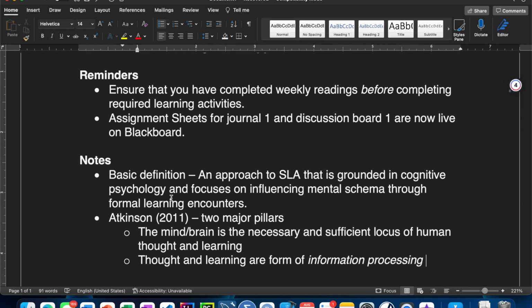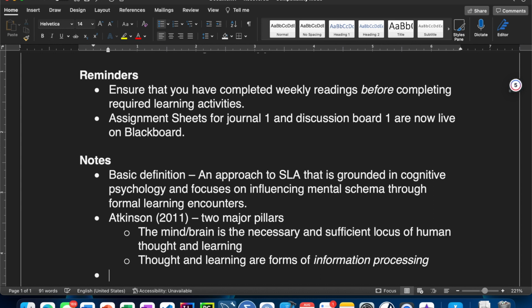Now, what happens during this information processing and how that's carried out will vary from theoretical approach to theoretical approach, but at its core, it's about encountering stimuli, applying cognitive and metacognitive strategies to that stimuli to make sense of it, right?